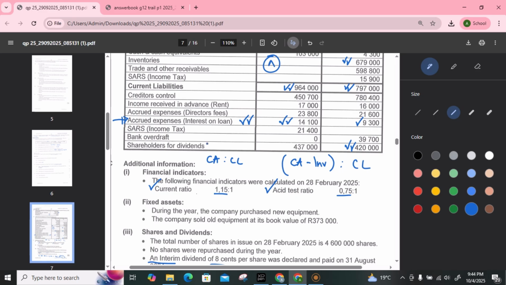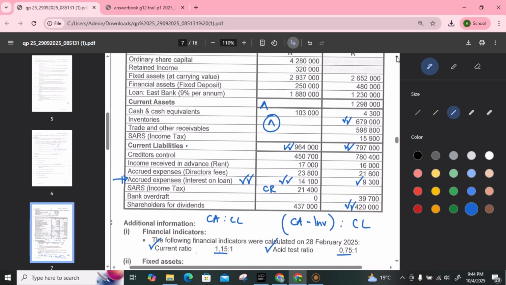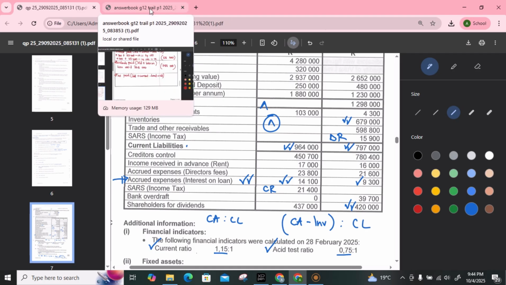So for SARS income tax, we have this amount here on liabilities. So this is a credit balance. We put it through as it is because that's a liability. We also have SARS income tax here, which means this one is a debit balance and it's under what? Assets. So 15,900 is our opening balance.